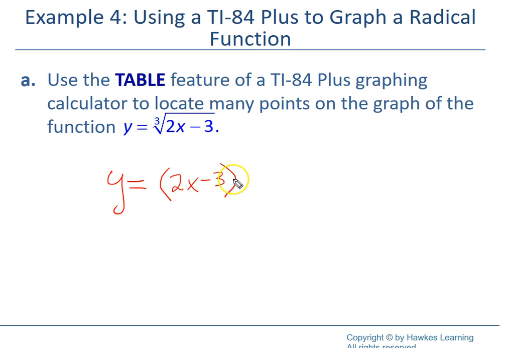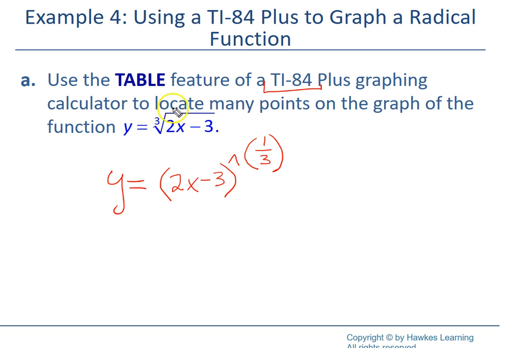But this is to the third root here. So how do I convert this to a fractional exponent? Well, you would use the caret sign, and then you'd put a parenthesis, and then you'd put 1 divided by 3, close parenthesis. So this is how you would put it into your TI-83 or 84s or any of your graphing calculators.